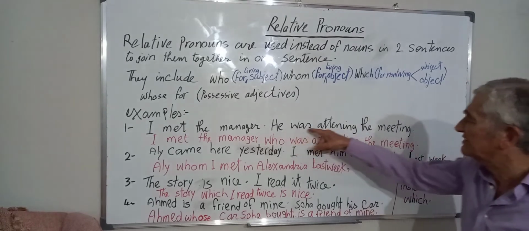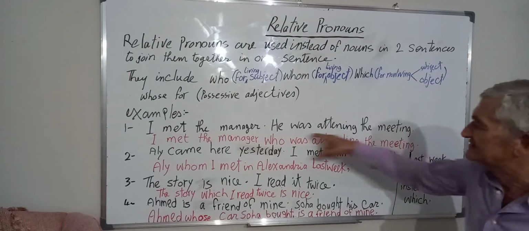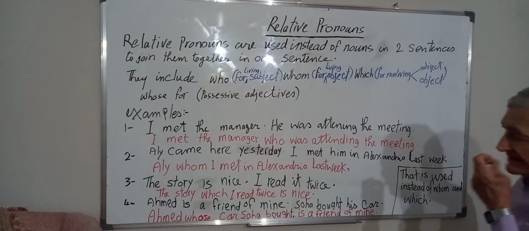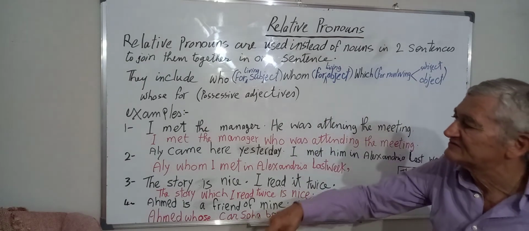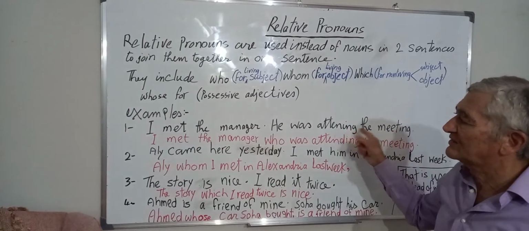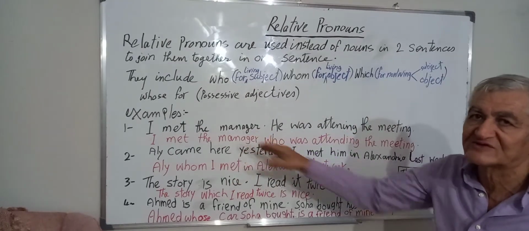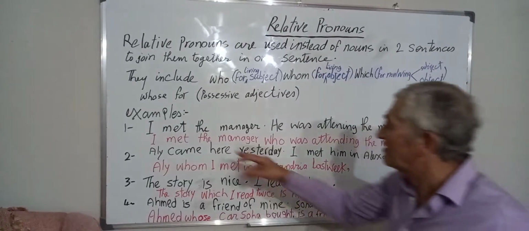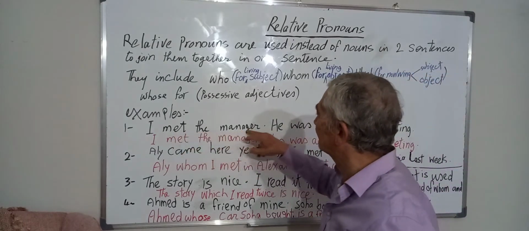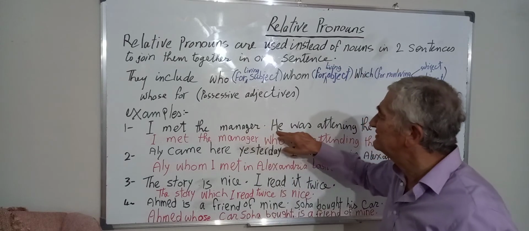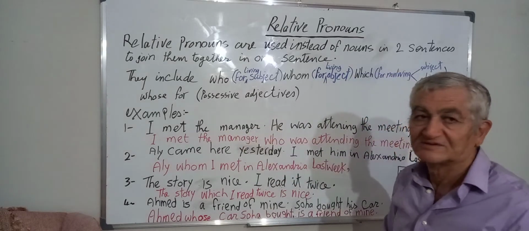I look at the second sentence and see which noun is mentioned or relates to a noun in the first sentence. I has nothing to do here. Met the manager. He refers to the manager.